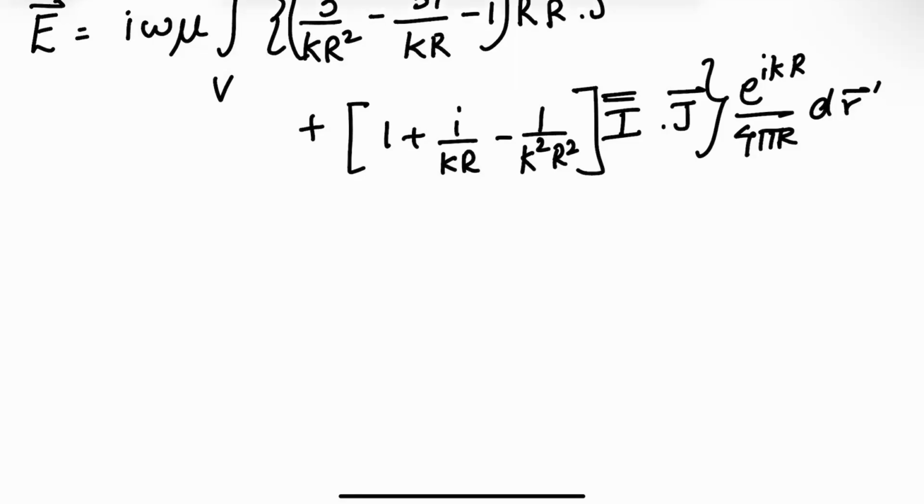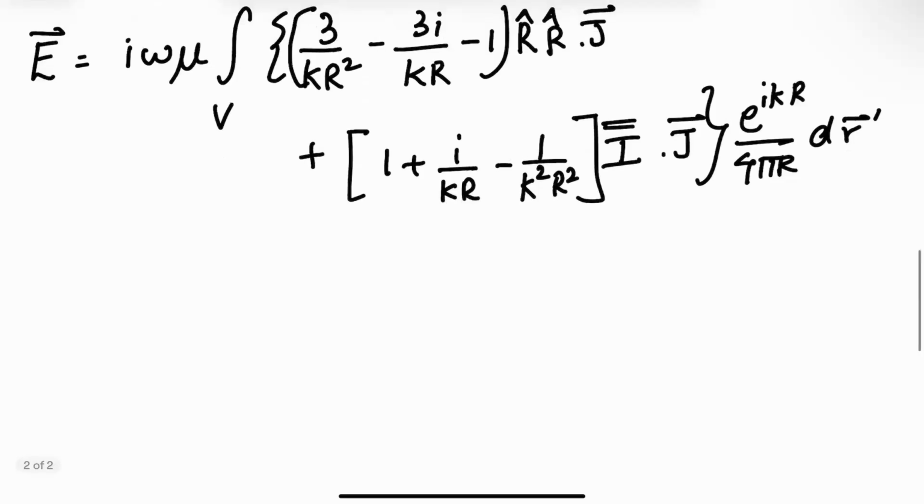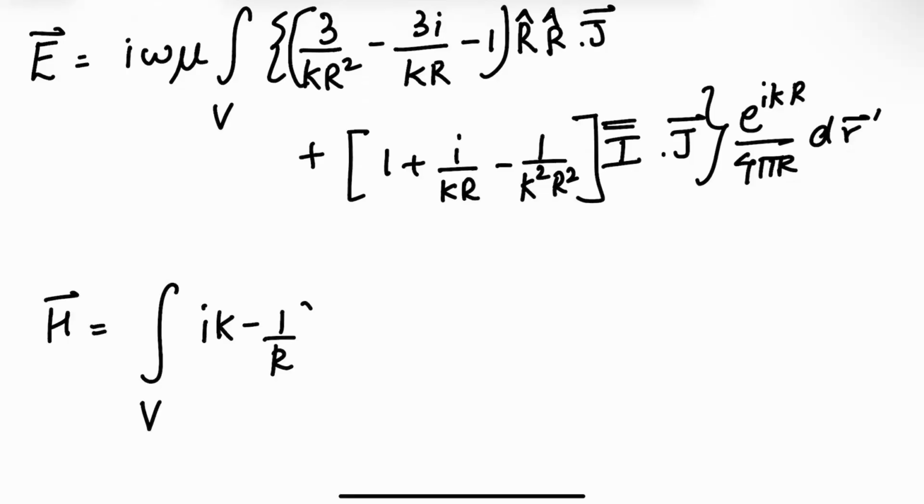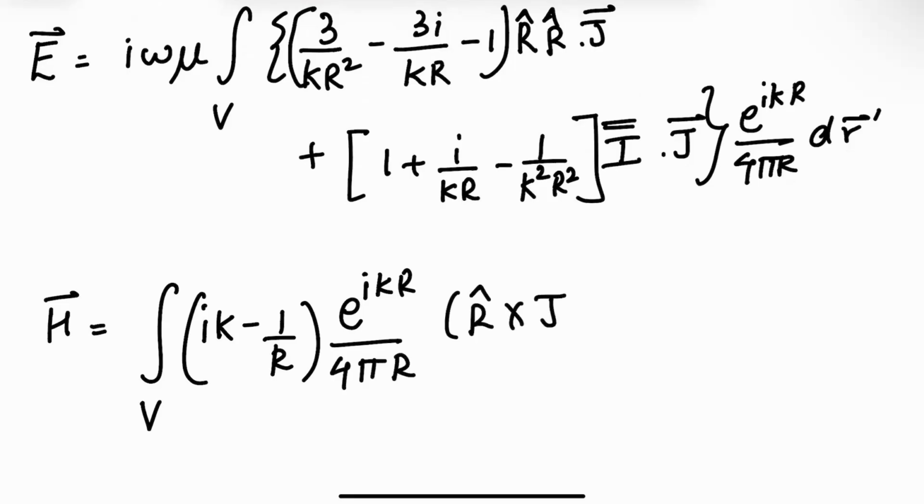So a better approach for metals especially, because you're only dealing with electric currents, is to use the magnetic field instead. So the magnetic field is volume integral ik minus 1 over r e to the ikr over 4 pi r times r hat cross j dr prime.